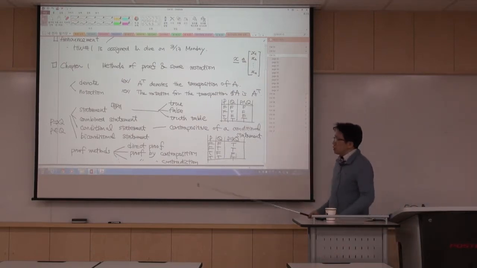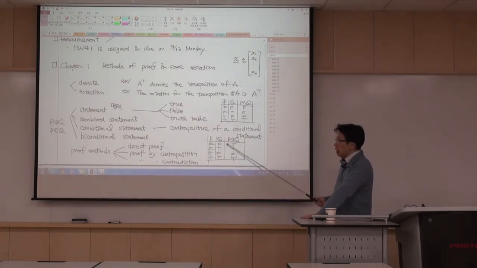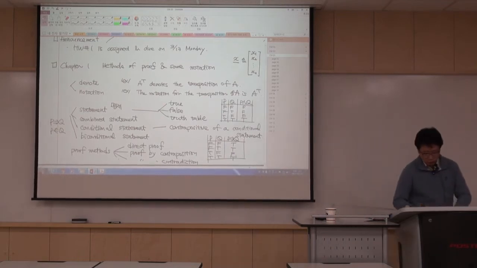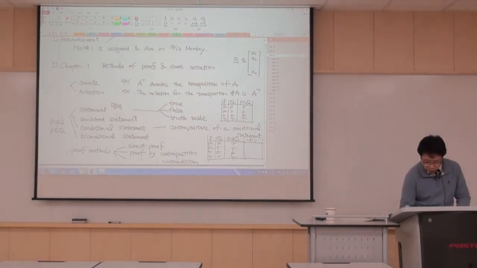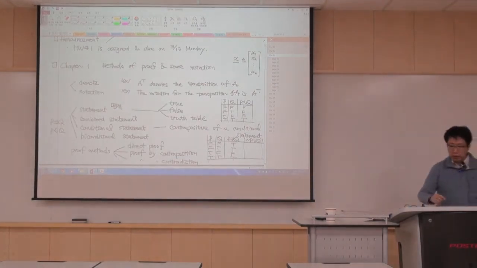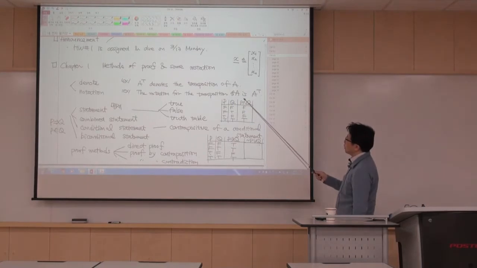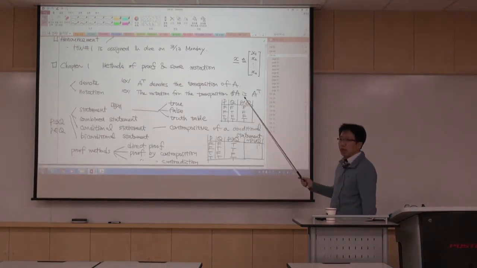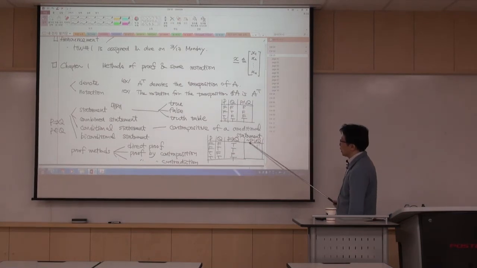Now, one interesting thing is that this conditional statement has the same truth table as what? As you've seen, not P or Q. Not P or Q. By the way, 수학의 정석 usually adopts this symbol for implies, this one for or, and this one for not.